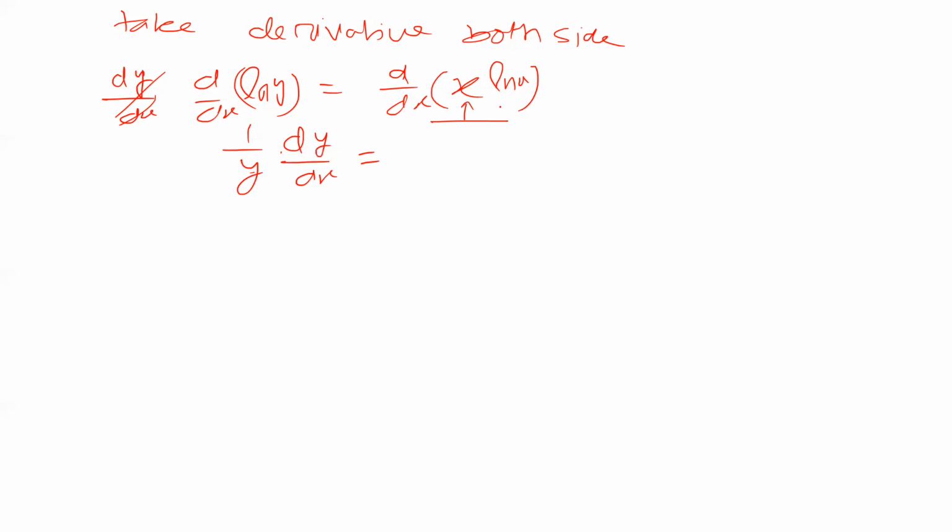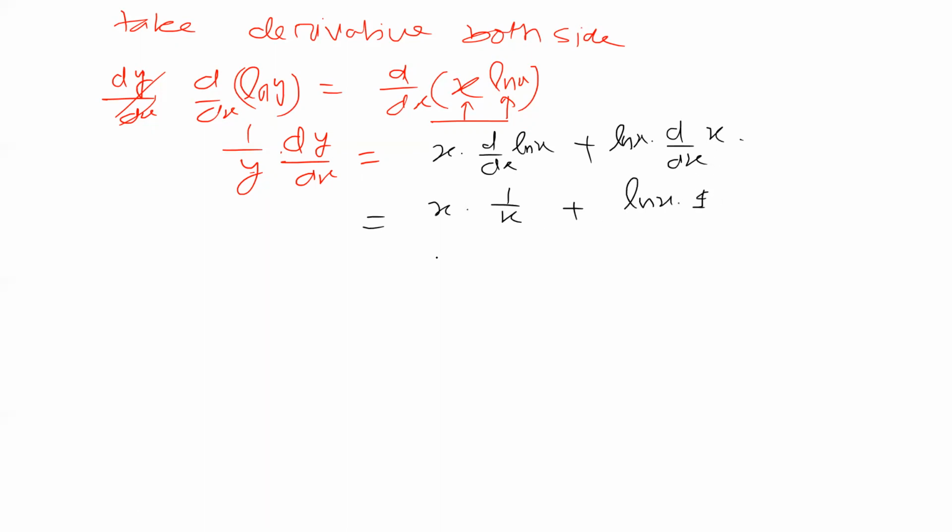Here ln x is a function f, and x is a function g. Keep the function f as it is and take the derivative of function g, plus keep the function g as it is into the derivative of function f. Then 1 by x into 1 by x, plus ln x into the derivative of x with respect to x, will get 1.